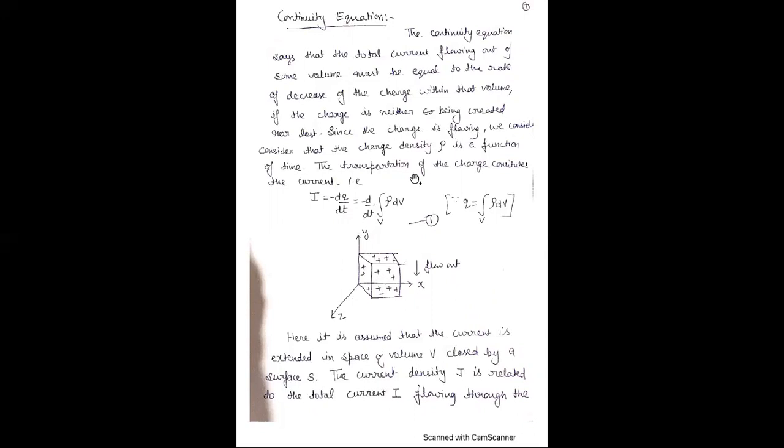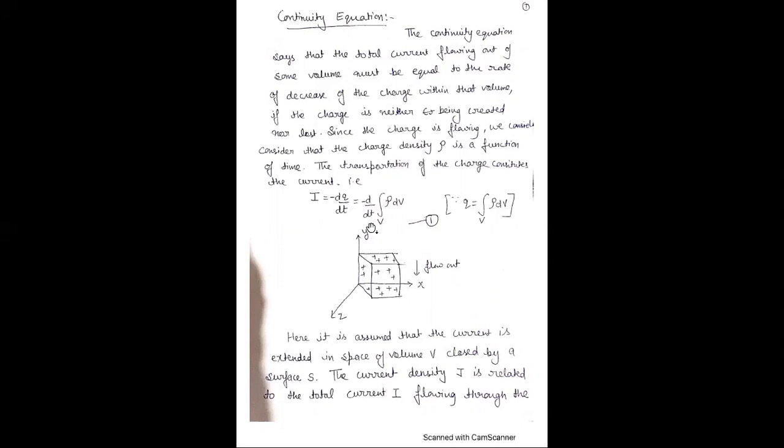Since the charge is flowing, we consider the volume charge density rho to be a function of time. Because current is flowing out of the volume, the current I is equal to minus dq/dt, where minus represents the decrease of charge and dq/dt represents the change of charge with respect to time.